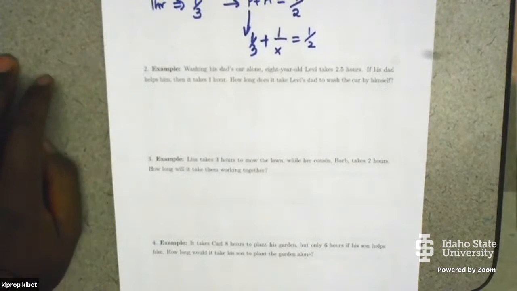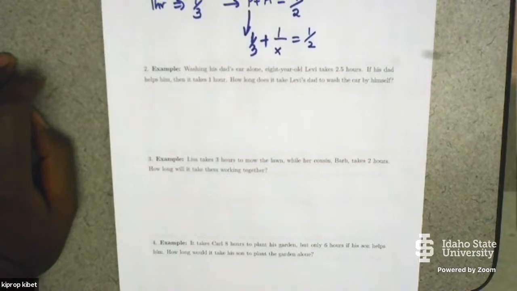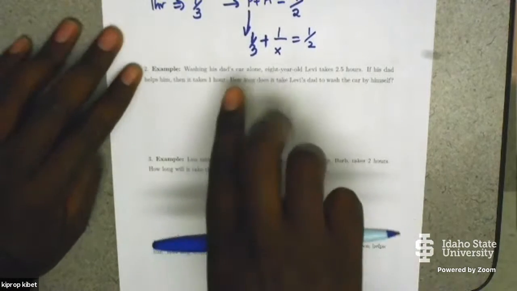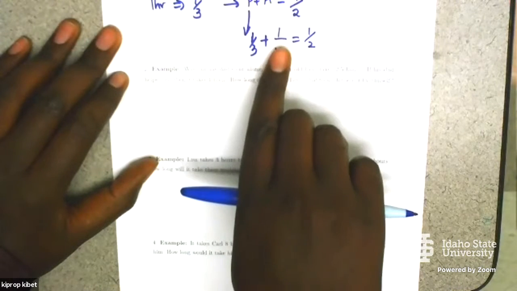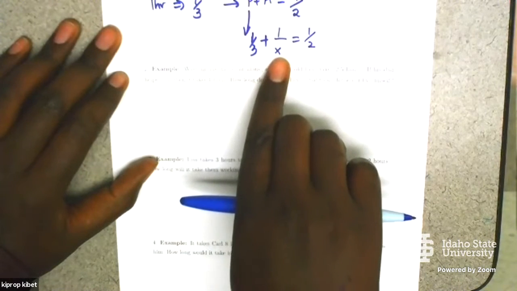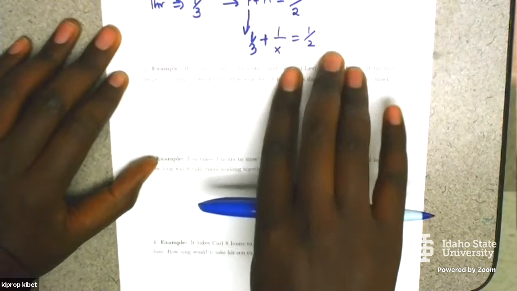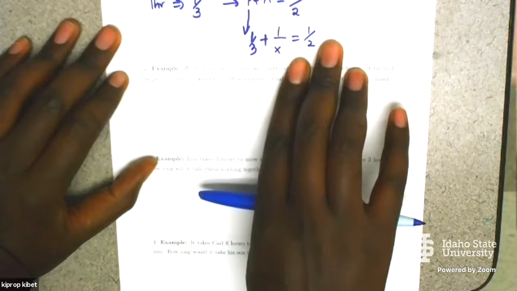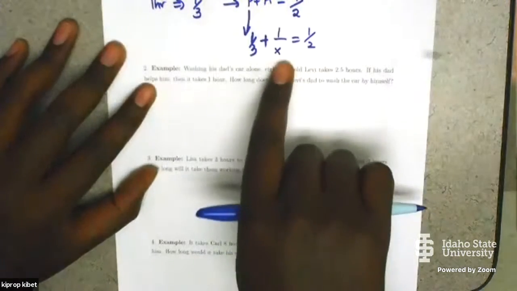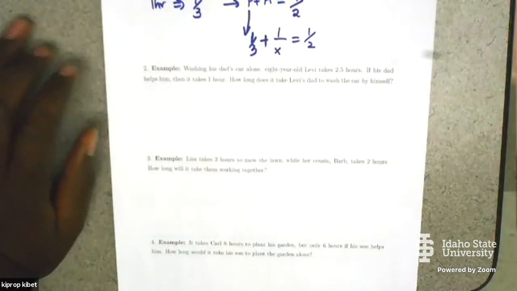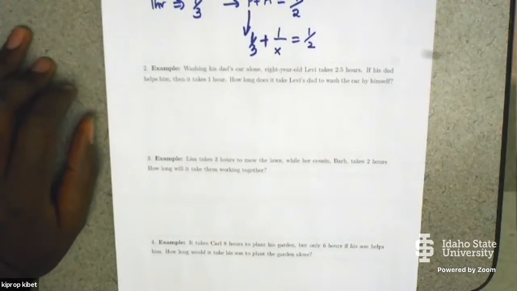If one of them does it in 1 hour, they will have done 1/3, and if the assistant does it, 1/x, but if both of them do the job, they will do 1/2. So what is the value of x?